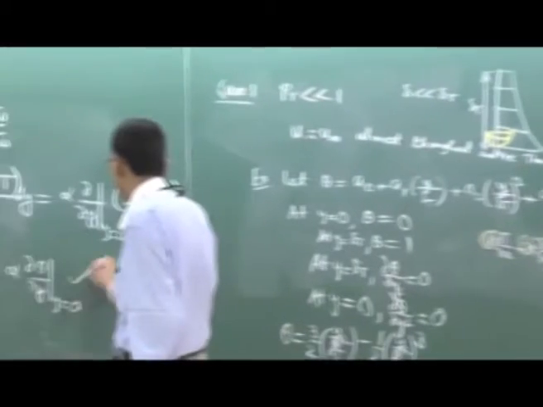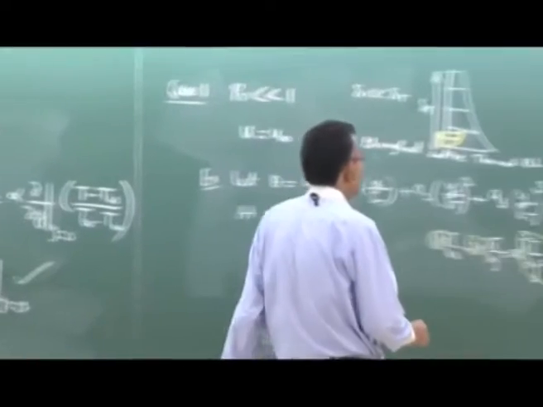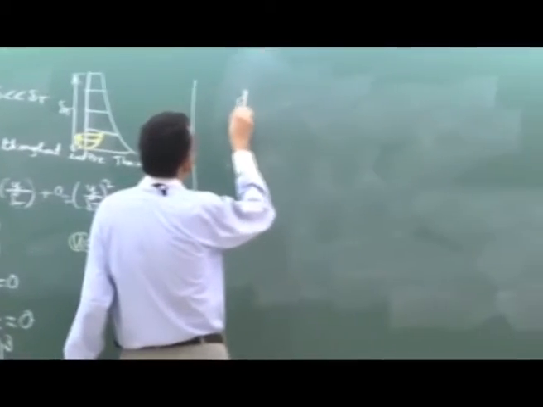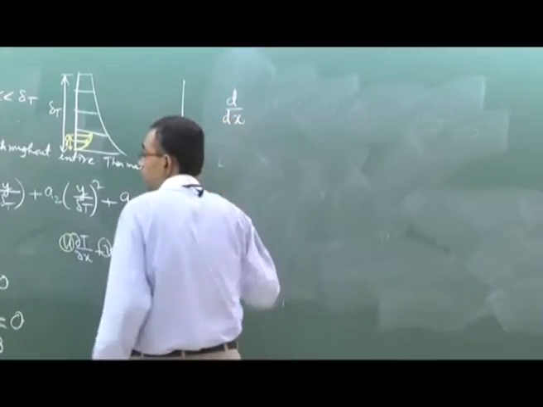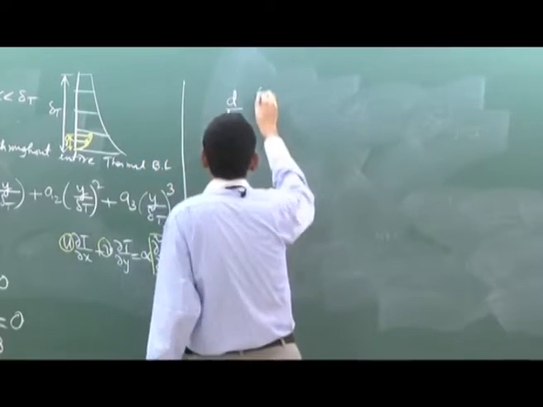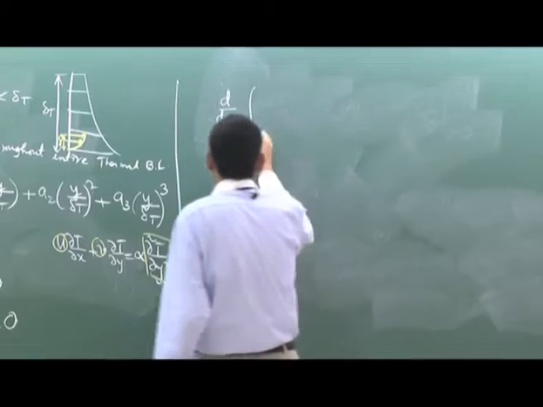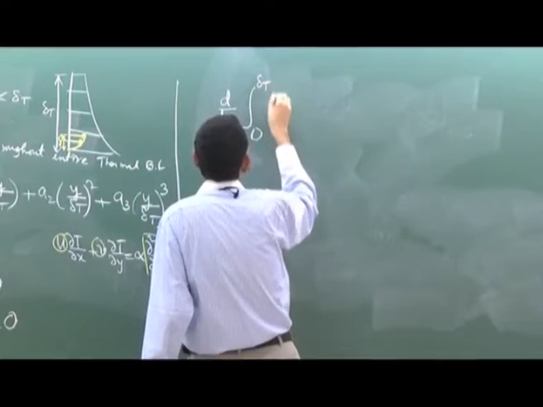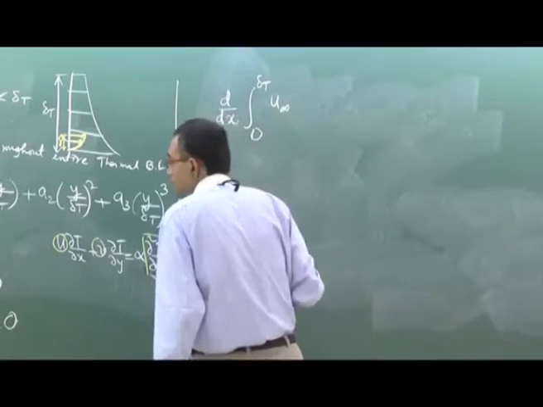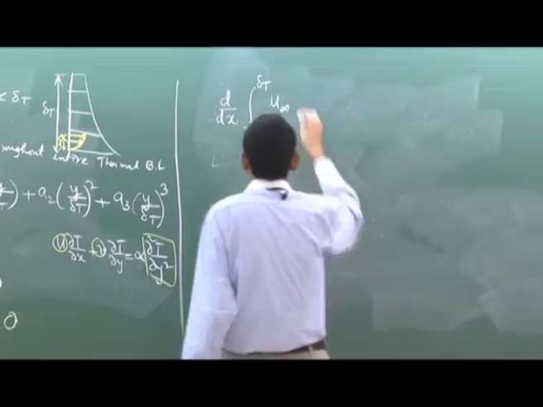So we will substitute that here in this equation, d dx of integral 0 to delta t, u becomes u infinity, times 1 minus theta.